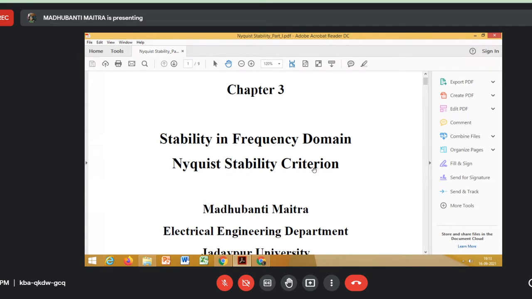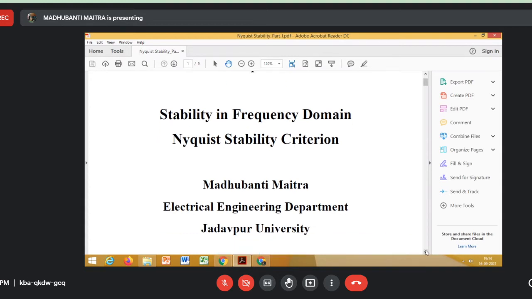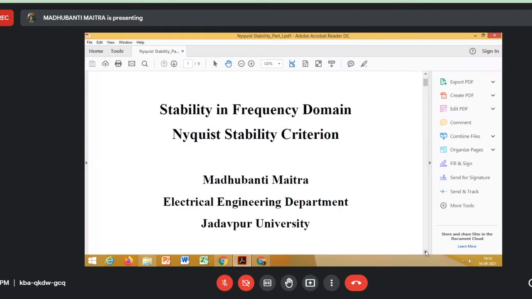Routh-Hurwitz stability criterion is basically a complex frequency domain based criterion. Root locus technique is also complex domain based because root locus is sketched on the S plane, so it's basically a complex frequency domain based technique. Whereas Nyquist stability criterion is completely a frequency domain based technique, right?